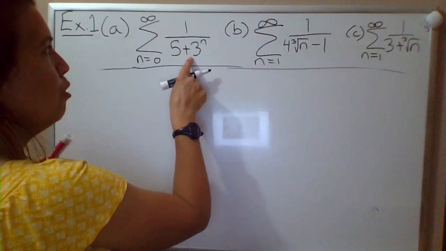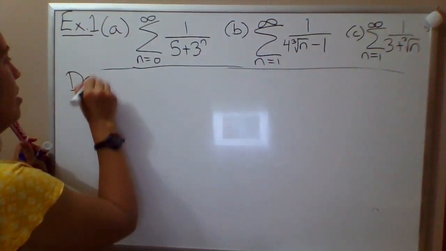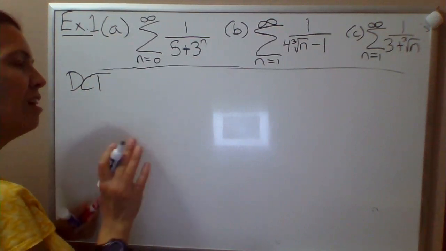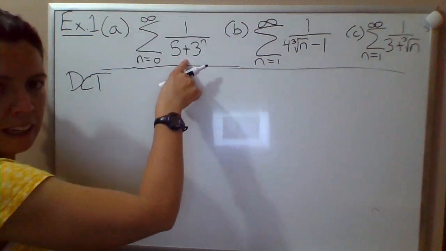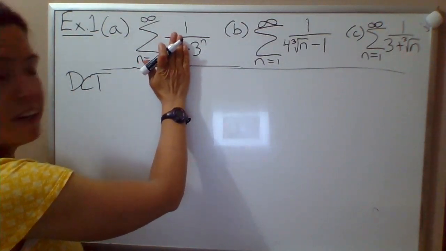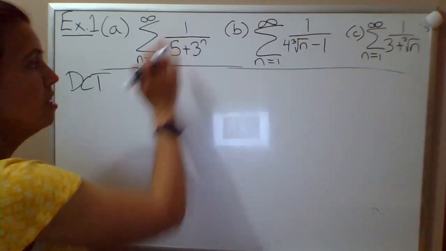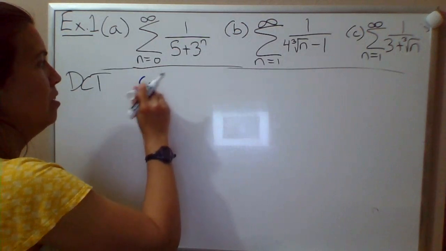Okay, so first series to consider here. When we want to use direct comparison test, we choose a series that's quick and easy to tell whether it converges or diverges, and it looks a lot like what we're given. So notice if I just cover up the 5, 1 over 3 to the n, that's a geometric series. So that's what I want to compare to with series A here.